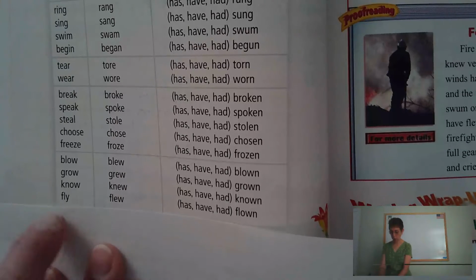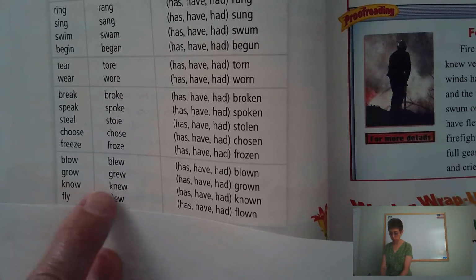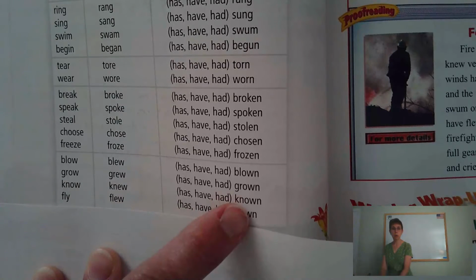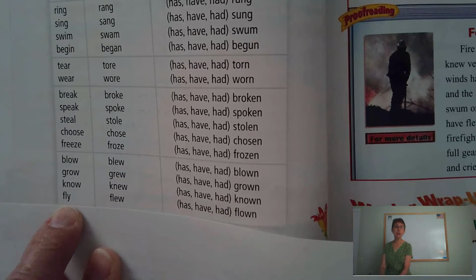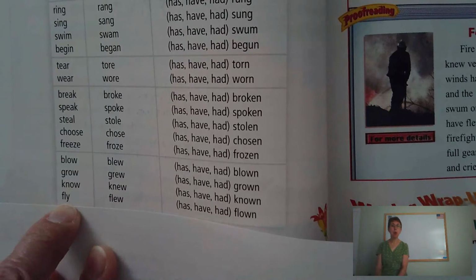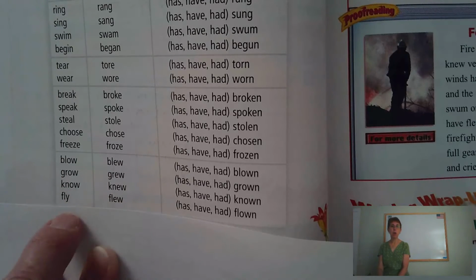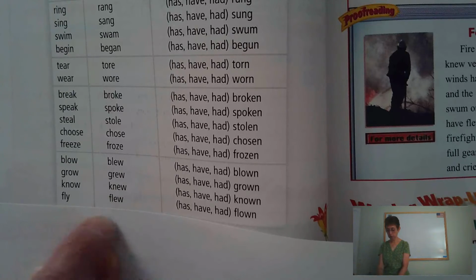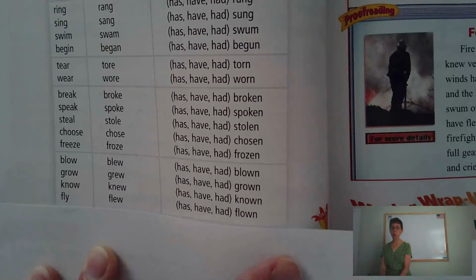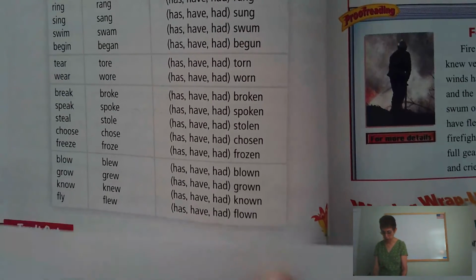Okay, so here we had OW to EW to OWN. Now fly doesn't have the OW, but the rest stayed true to this pattern where you had fly, but then it went to the EW to the OWN.